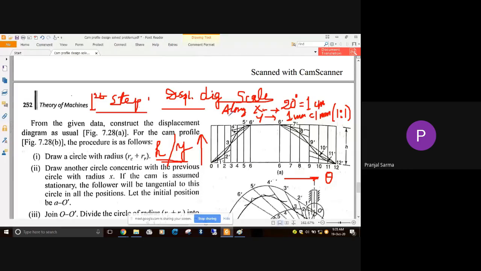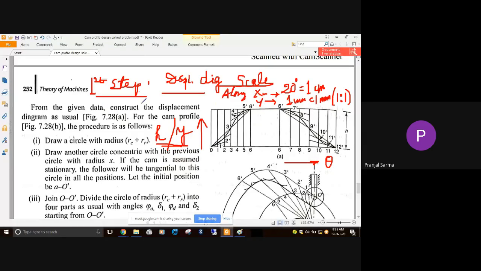Just let me know. I hope all of you have understood up to this much, no confusion. Yes, sir. Okay, thank you. So next, what is our task? You just have to draw the displacement diagram considering the uniform acceleration and uniform retardation scheme of movement for both strokes; this is the ascent stroke, and this is the descent stroke.